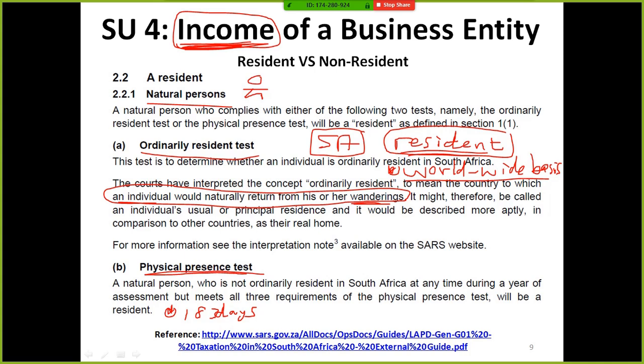It's always an important consideration because sometimes you don't have to be a resident in terms of a citizen. You don't have to be a South African citizen, but if you are in South Africa for an extended period of time, you might still be considered a resident, even though you're going to return from your wanderings back to Germany or the UK, wherever you came from.